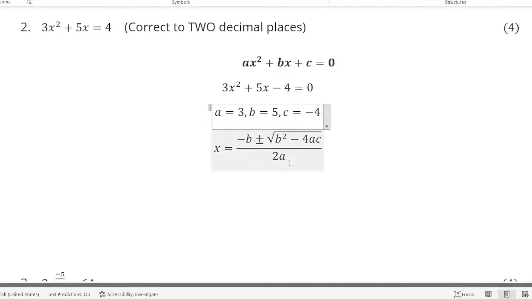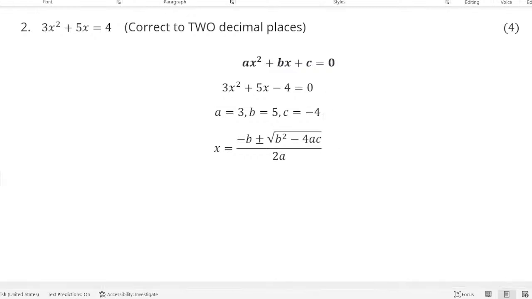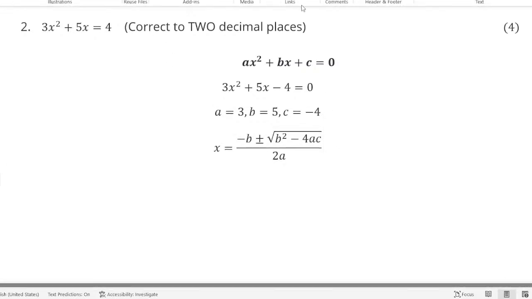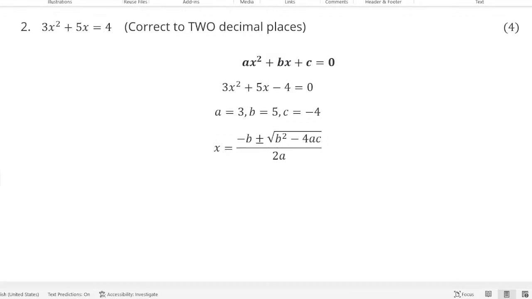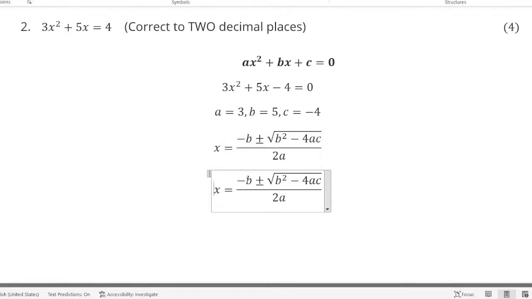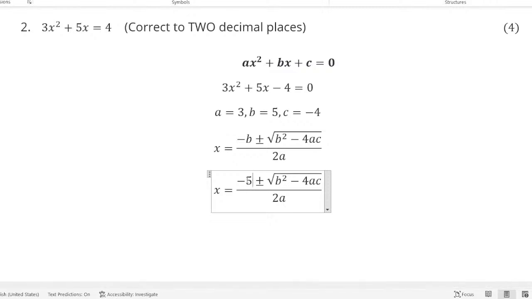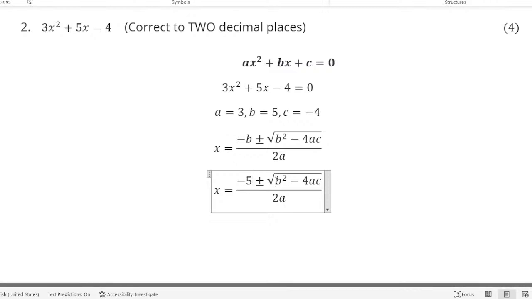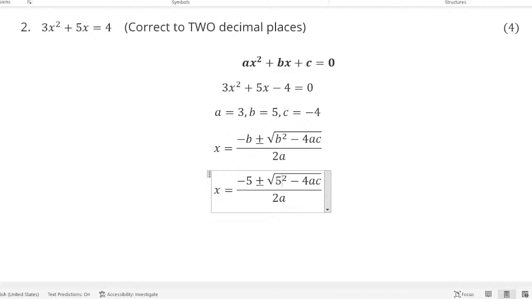Now we're going to substitute in the quadratic equation. So here we'll see the value of b. The value of b is 5. So here we have 5 squared.